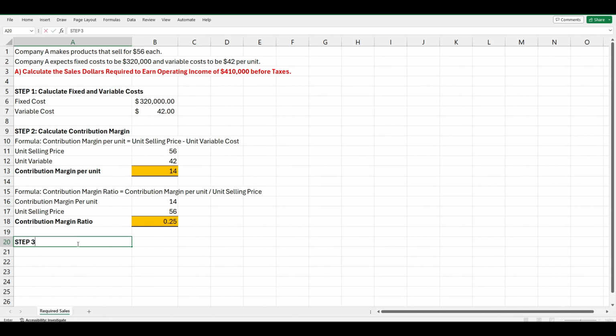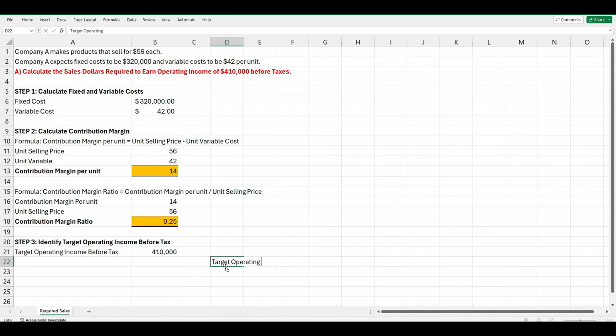So step 3, let's identify our target operating income before tax. And this is given in the question. So our target operating income before tax is 410,000. And in some cases, they might give you a target operating income after tax. And all you have to do is just plug in your after tax that they're given to you.